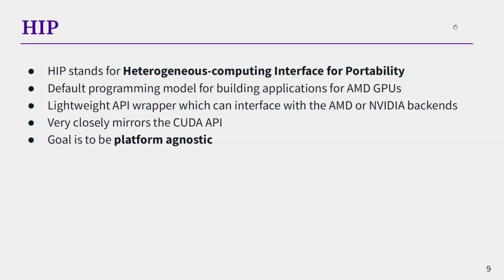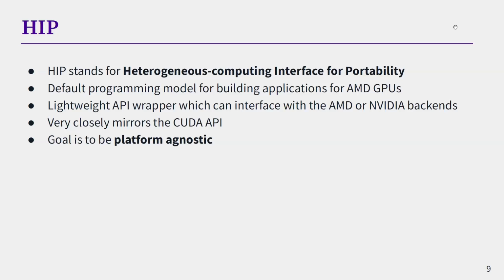And it very, very closely mirrors the CUDA API. If you've worked with CUDA before, you'll find it very, very familiar. With the new versions of HIP and ROCm coming out, we're moving even closer to the CUDA API.